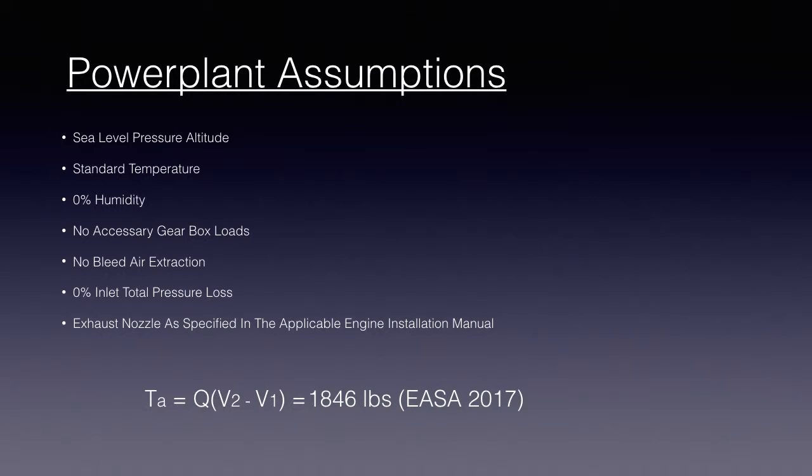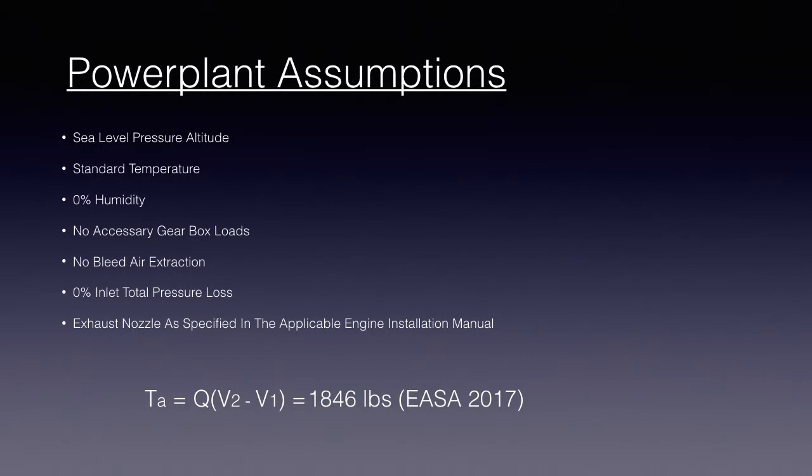I can tell you that the engine from the type data certificate from EASA shows that it has 1846 pounds of thrust under the assumptions above. So we're going to use that number, throw it together with the drag data that we have for the PC-12, and we'll see what we come up with.